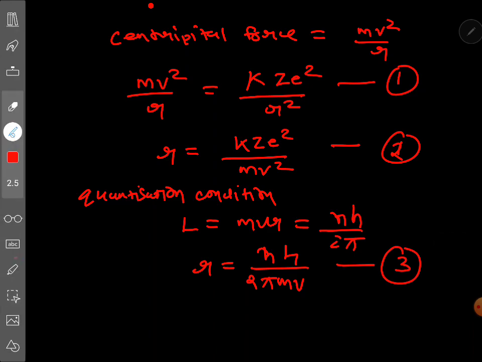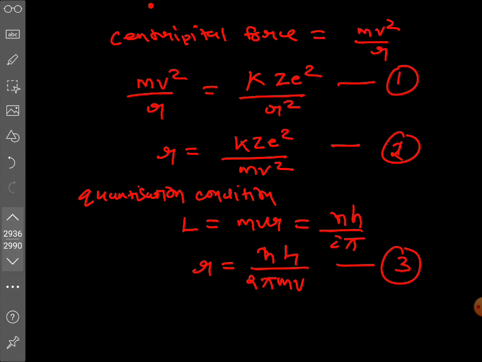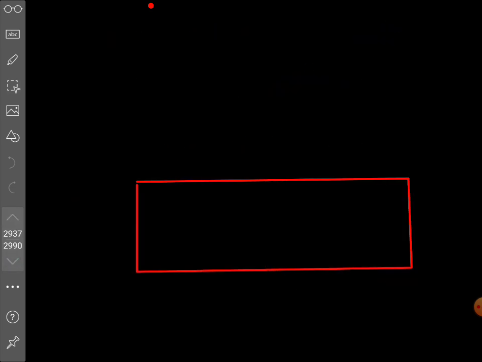From equations 2 and 3 we can equate them, because both show the value of the radius of the permitted orbit. So k Ze² upon mv² is equal to nh upon 2π mv.